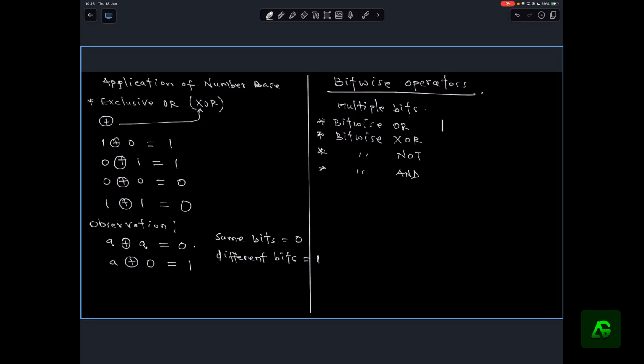For the XOR, we use this caret symbol. For NOT, we use this. And for the AND, we use the ampersand sign. We come across these in all the languages that we know about.